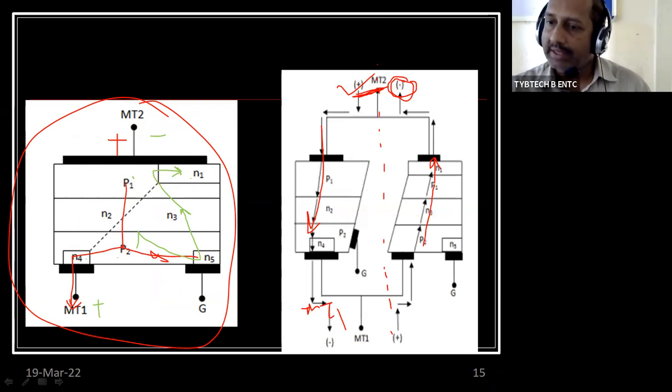This 4-layer analogy we are supposed to note down and observe. If MT2 is positive or forward bias, the current will flow through P1, N2, P2 and N4. And if it is reverse, the current will flow through P2, N3, P1, N1. So in that way.